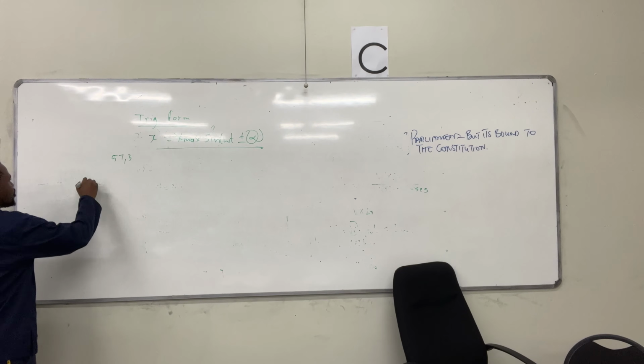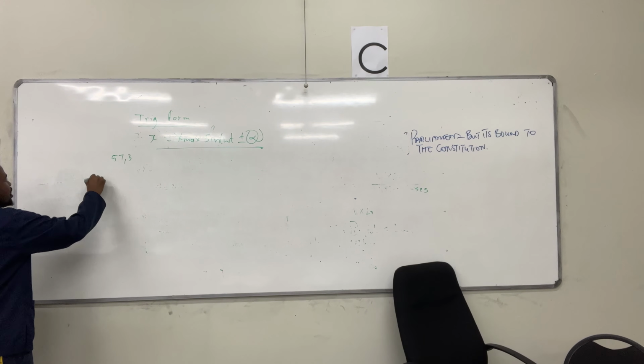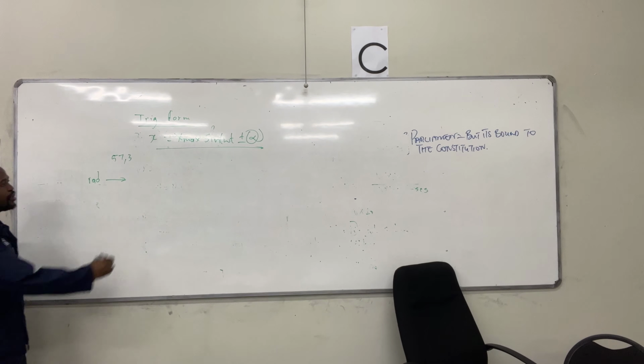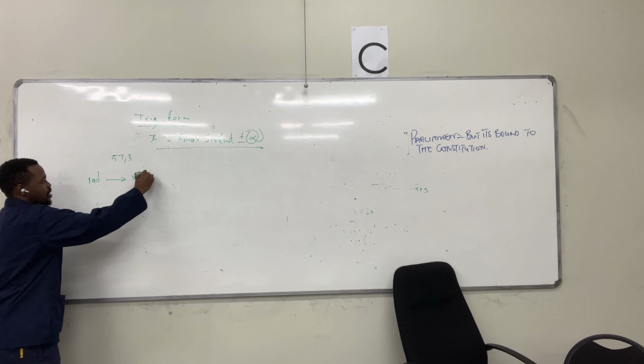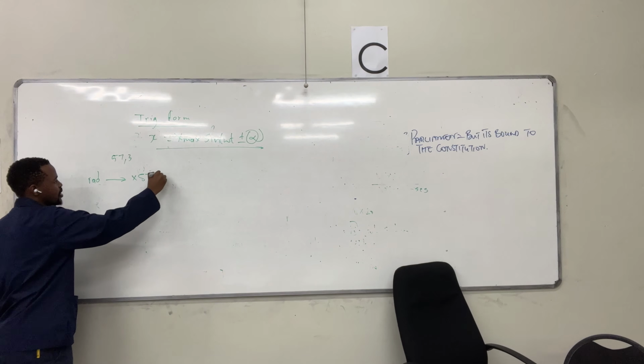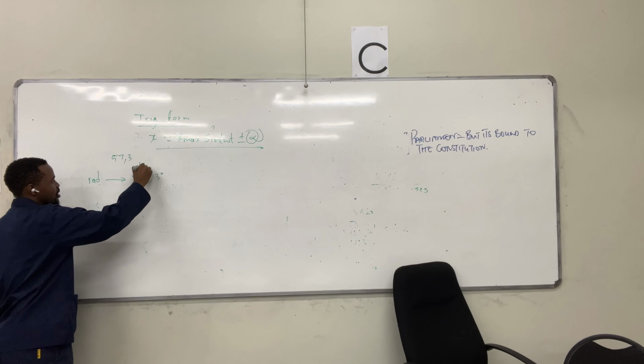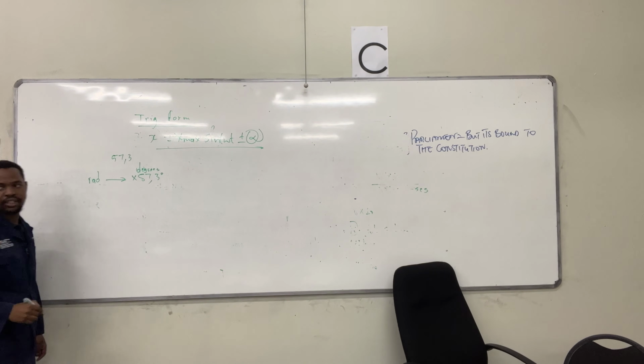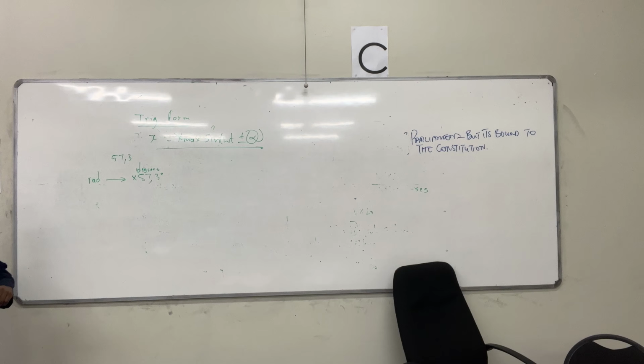If I'm going from radians to degrees, I multiply by 57.3.